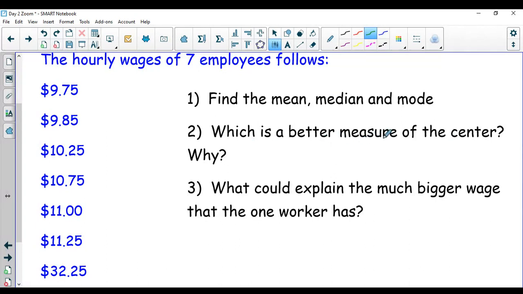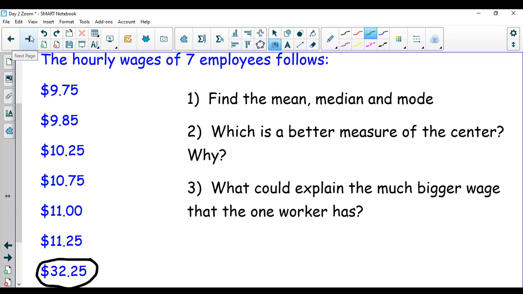And think about what is a better measure of the center and why. Would it be the mean or the median or the mode? What most accurately measures the center? Okay, and what could explain the much bigger wage that this one worker has, right? He's got a much bigger wage than all the others. Why do you think he would be earning so much more?